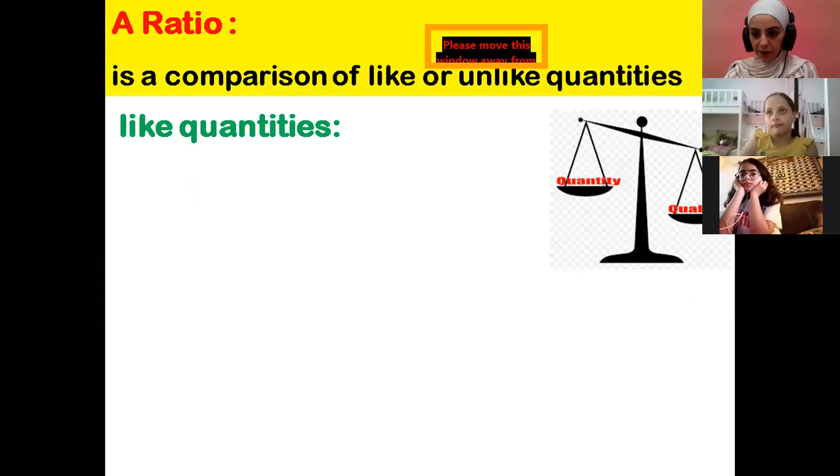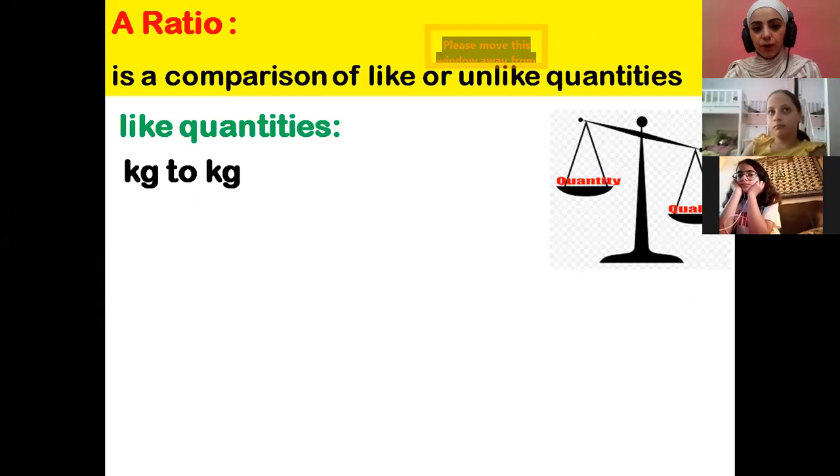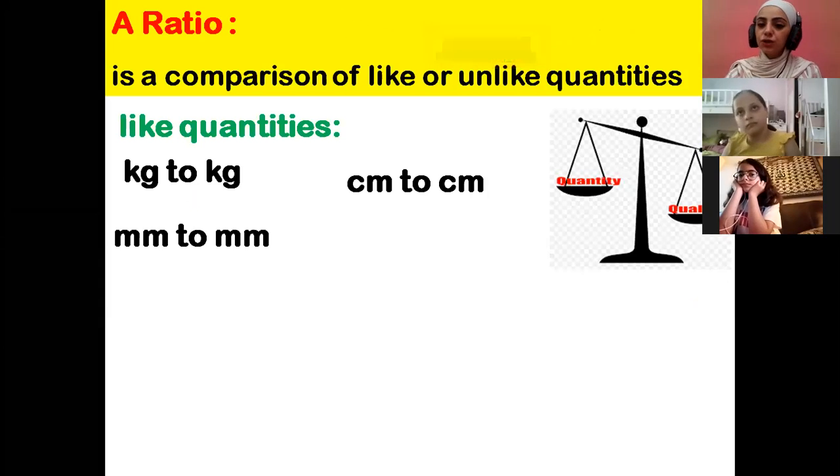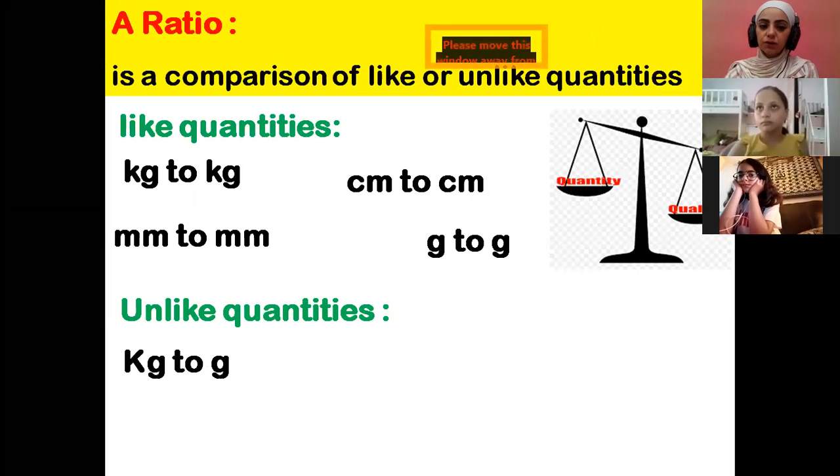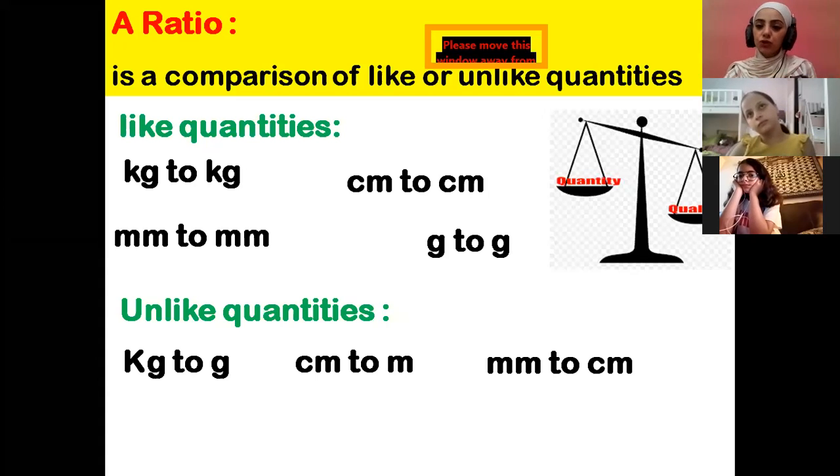When we compare in ratios, we can compare between like quantities, like kilograms to kilograms, centimeters to centimeters, millimeters to millimeters, grams to grams, and sometimes the quantities are going to be different, unlike quantities, like kilogram to gram, centimeter to meter, millimeter to centimeter.